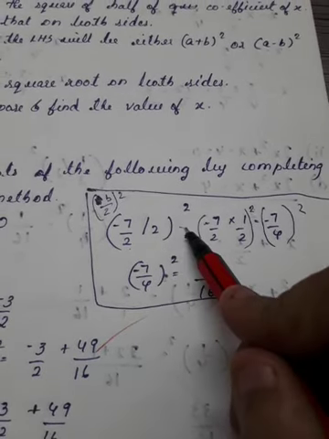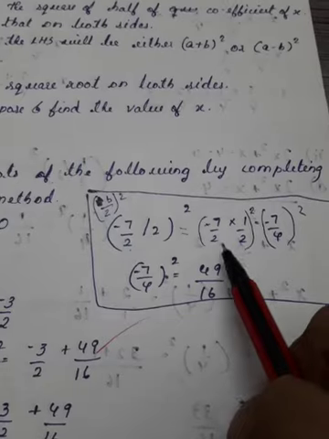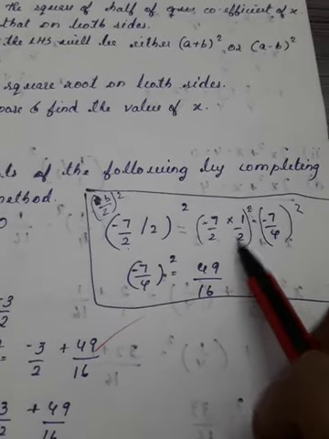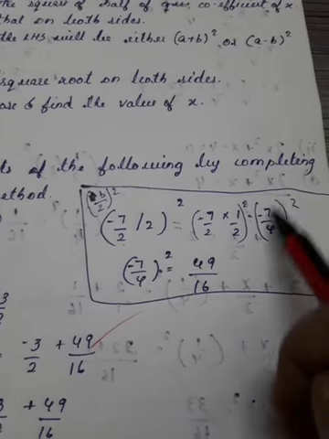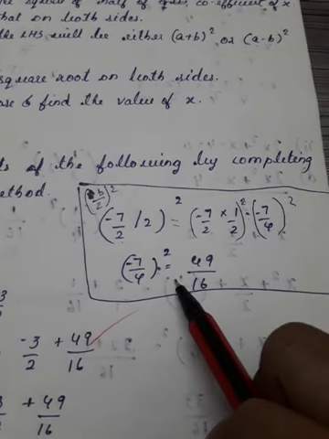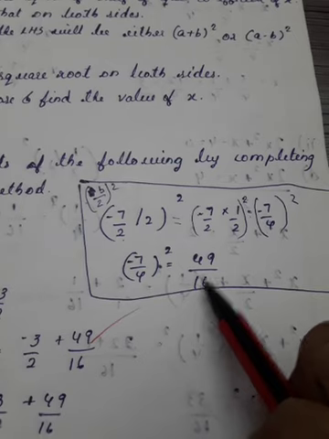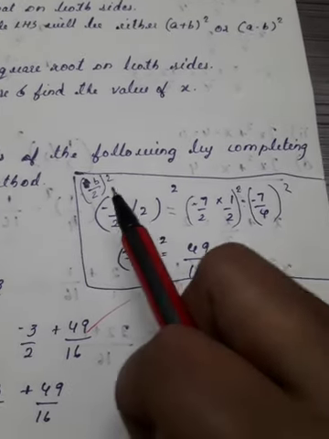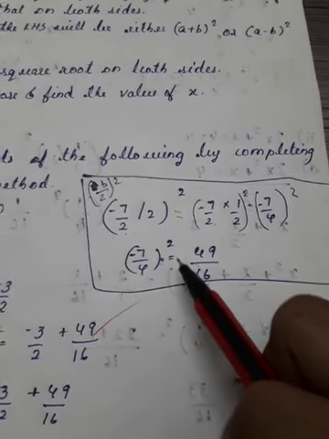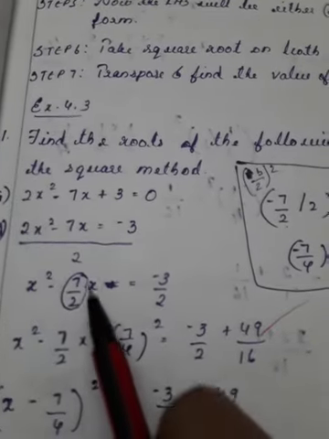This is equal to (−7/2) multiplied by the reciprocal, which will be (−7/4)², and that will be 49/16, positive 49/16. So what should we take? (b/2)².